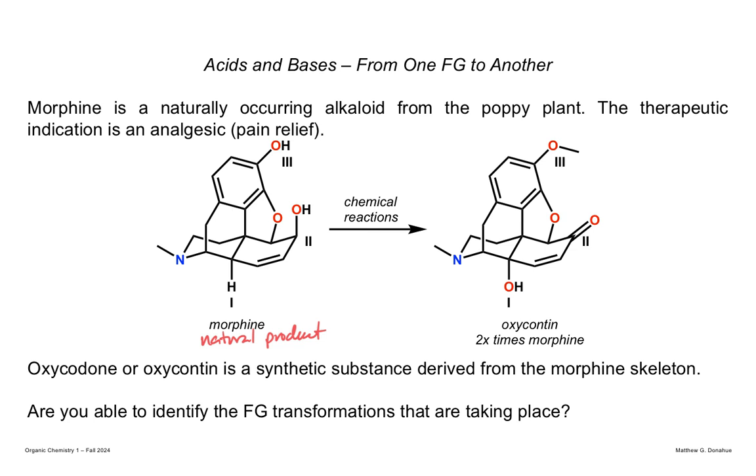So even though this is 2 times the strength of morphine, you can start making other derivatives of this that are more potent. So heroin is a derivative of the morphine skeleton. I'm forgetting the name of it, but there's all these other sort of derivatives of this class.